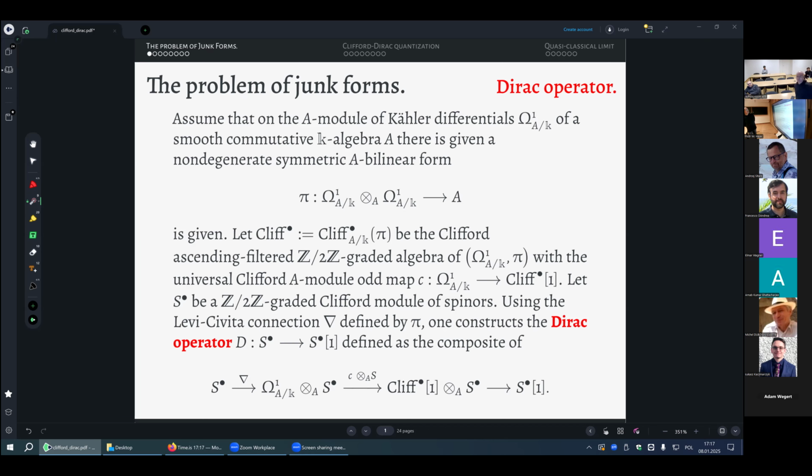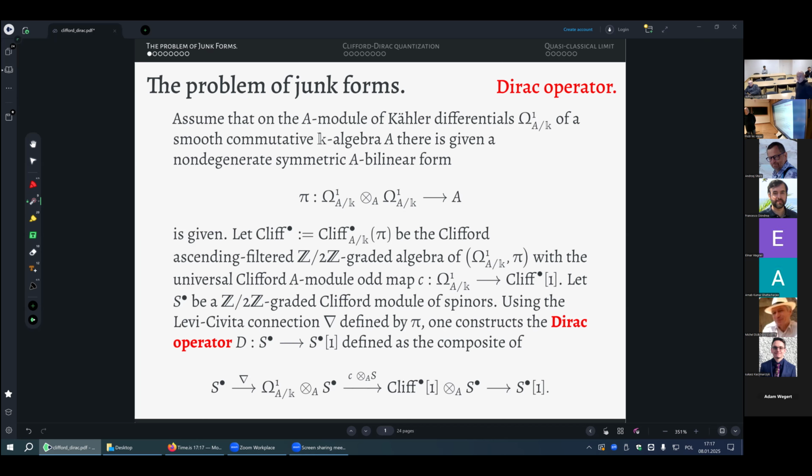If you remember the presentation of the Clifford algebra, we divide the tensor algebra by the ideal generated by relations. These relations are quadratic, but non-homogeneous.